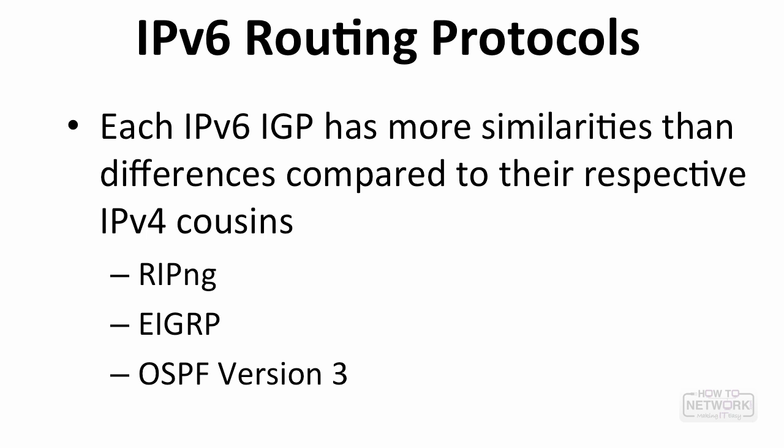But in particular, like their IPv4 versions, each version 6 IGP uses v6 multicast addresses. Those are just a few of the changes, but even with those changes, each IP version 6 IGP has many more similarities than differences compared to their respective version 4 cousins.